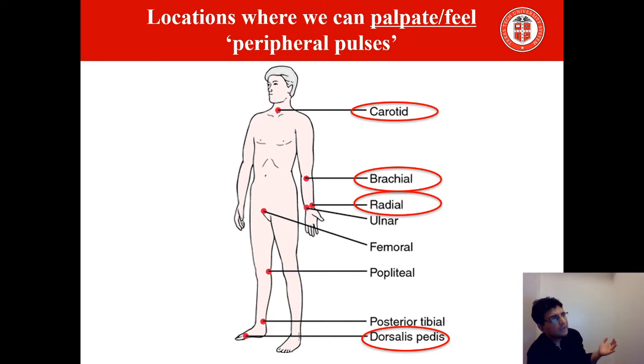Now, these are some of the locations where we can palpate the peripheral pulses, and the ones highlighted in red are the places where we are going to do it in our lab. So you can palpate the carotid in the neck, the brachial and the radial in the upper limb. We can also palpate the ulnar, which we are not going to do, the femoral and the popliteal in the leg, and on the foot, the posterior tibial and the dorsalis pedis, but we are only concerned about dorsalis pedis.